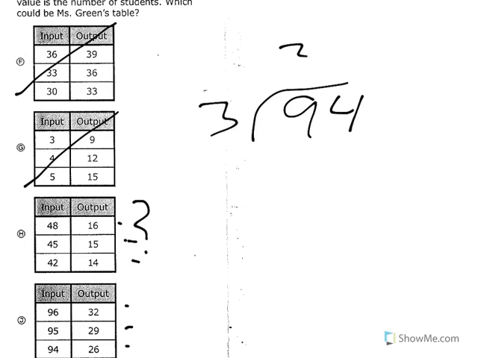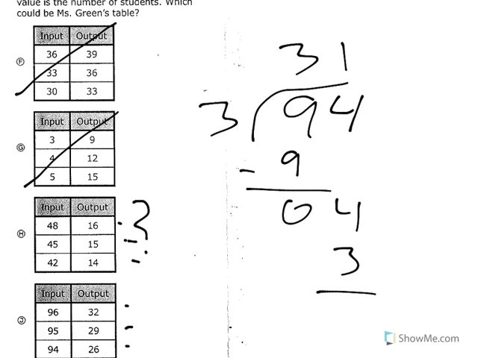And 3 goes into 9 3 times. 3 times 3 is 9. Subtract, you get 0, you bring down the 4. And 3 goes into 4 one time. And 3 times 1 is 3, so you end up with a remainder of 1. But it's saying that it's 26, so that one doesn't work out either. So H is our correct answer choice.